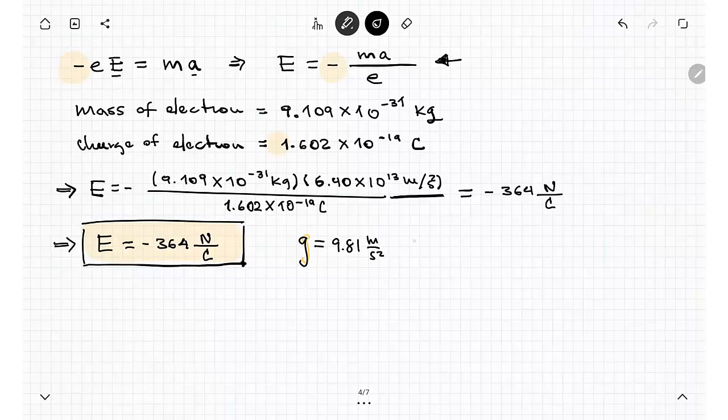But the acceleration of this electron is 6.40 times 10 to the 13th power. So the acceleration of this electron is really much higher than the acceleration of gravity.